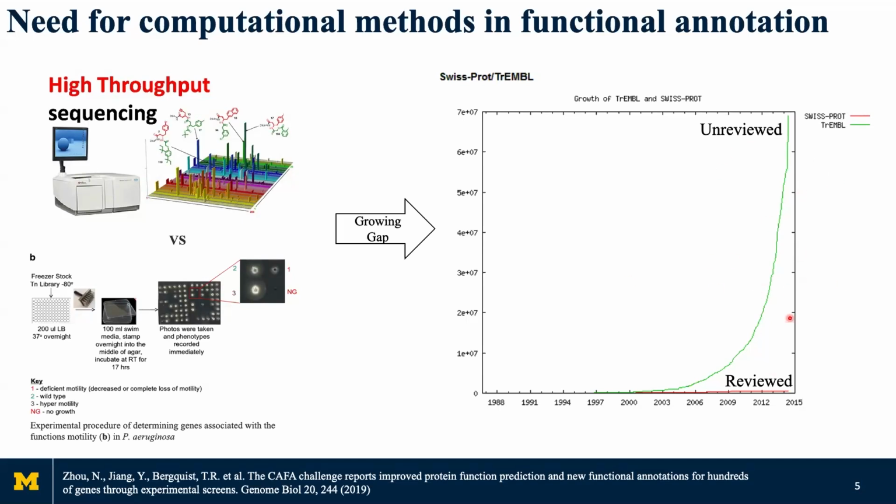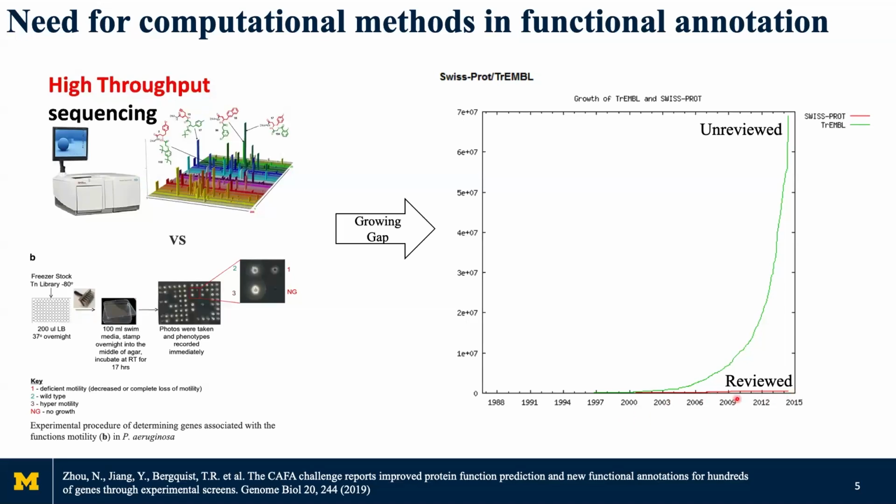So this shows the number of protein sequences within UniProtKB. The green line is the TrEMBL data, which mainly consists of unreviewed proteins, and the red line shows the Swiss-Prot data, the reviewed proteins.